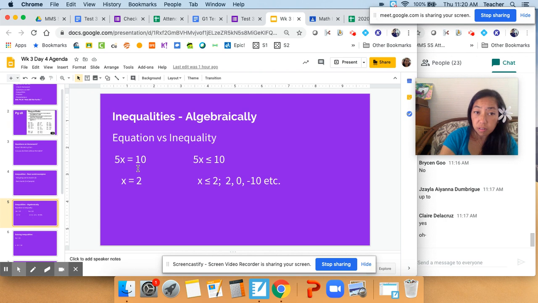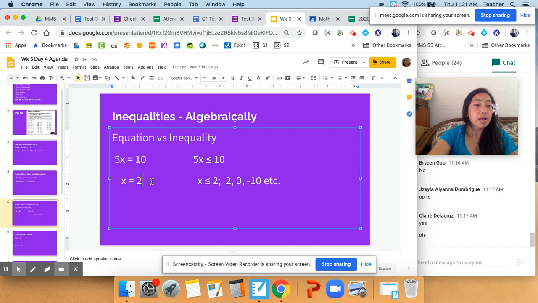And if we do our inverse operations like we have been doing all week, we divide by 5 on both sides, and we get the result that x equals 2. That's your solution.